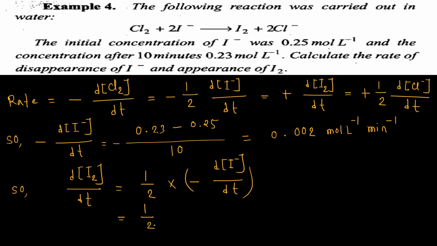Means half multiplied by 0.002. So the answer will come 10 power minus 3 mole per liter per minute.